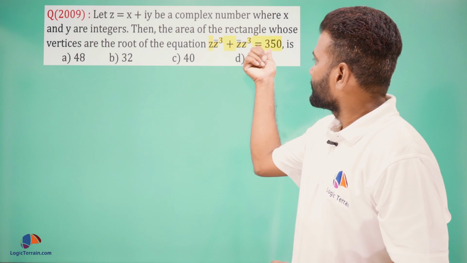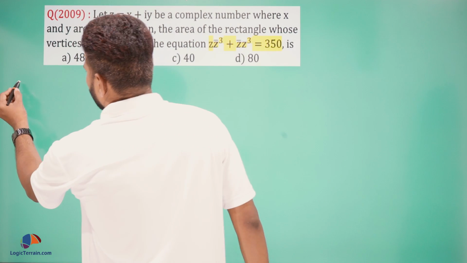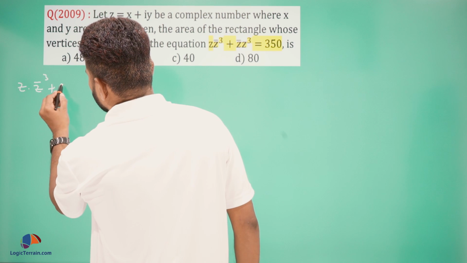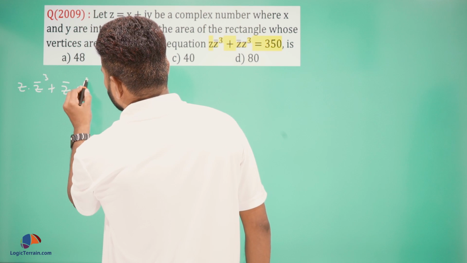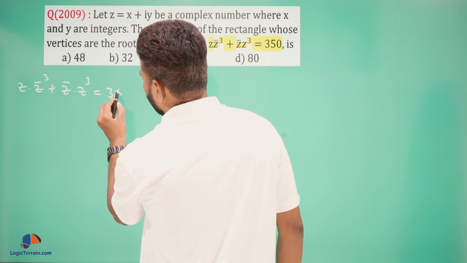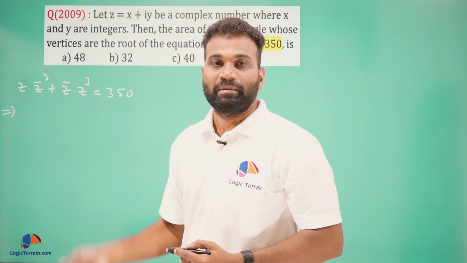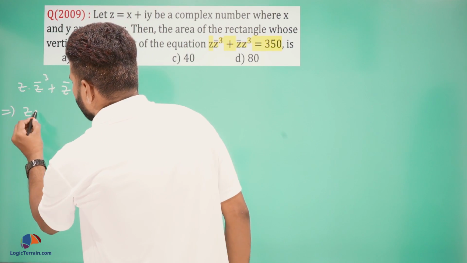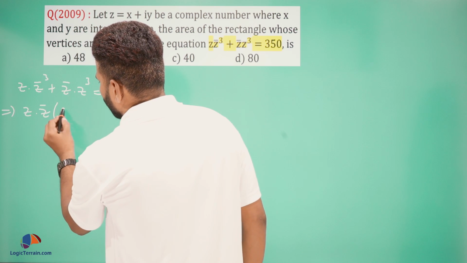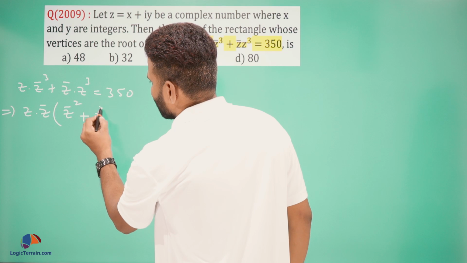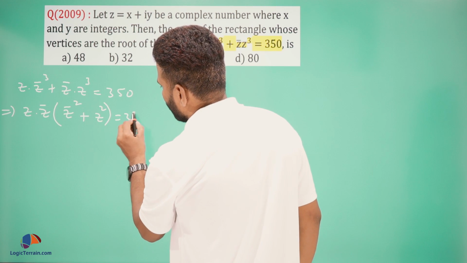Let us consider the given equation, that is z into z bar cube plus z bar into z cube is equal to 350. Further we will take z into z bar common, here we are left with z bar square plus z square equals 350.